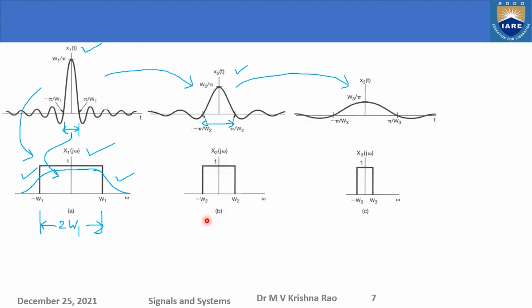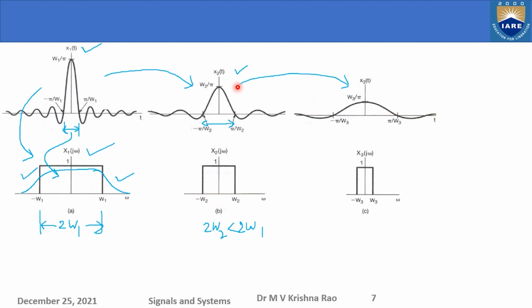Now the bandwidth is 2W2. 2W2 is the bandwidth which is less than 2W1, the previous one, because the pulse has increased in length, so its spectrum has reduced. This box with 2W1 has become 2W2 now, which is smaller than this.